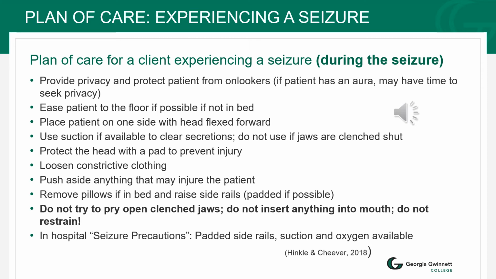If a patient is in the bed and they start to have a seizure, you want to raise those side rails that are hopefully padded, remove the pillow or any other blankets from the bed, because they'll be jerking and moving around, so you don't want anything to impact their airway. And then you document, and that's in the next couple slides.